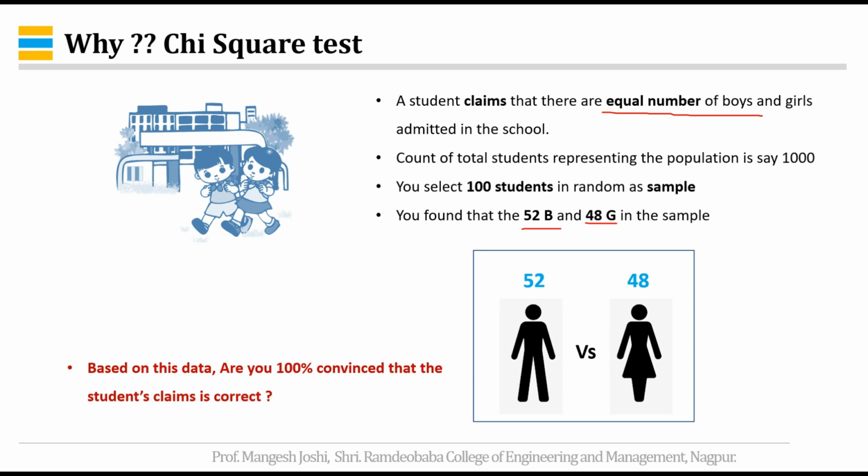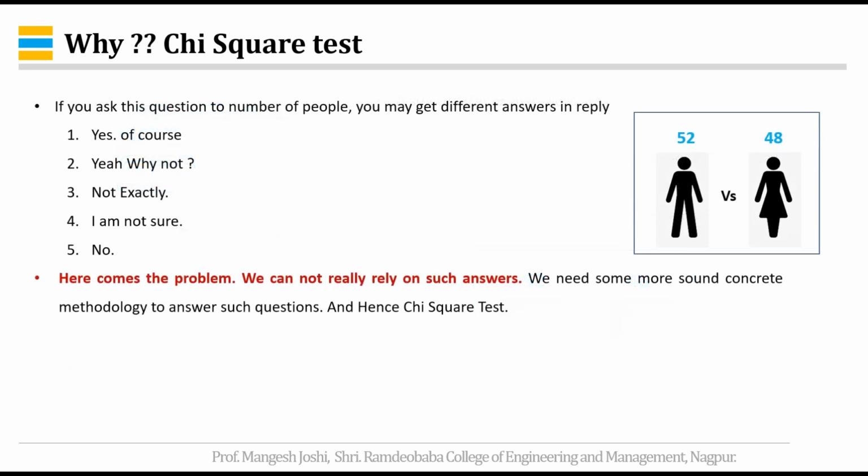To answer such questions, if you ask a number of people, you may get different answers in reply. Some may say yes, of course, the claim is correct. Some may say yes, why not? Some may say not exactly, or I am not sure.